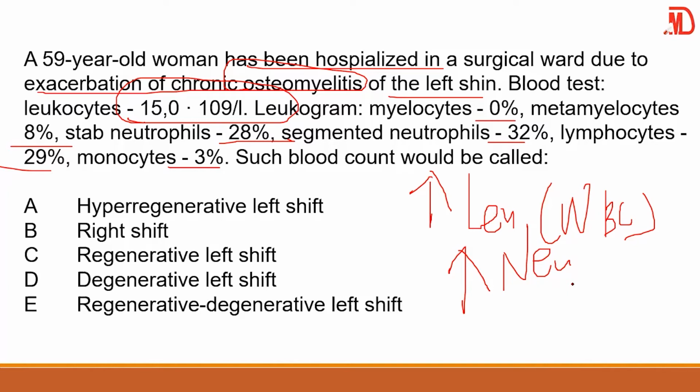Now, when we talk about degenerative left shift, obviously we are dealing with neutrophils. But when we talk about degenerative, it means that we are having an absolute number of immature cells that is too much, more than the mature ones.